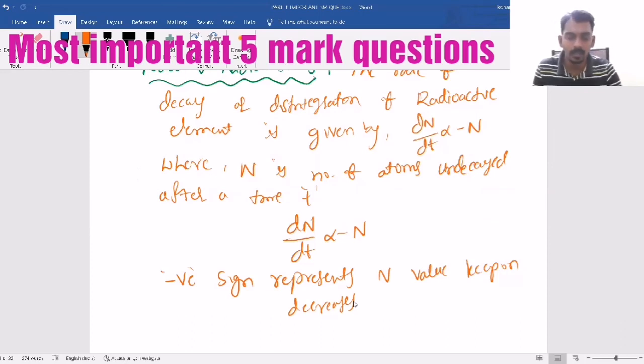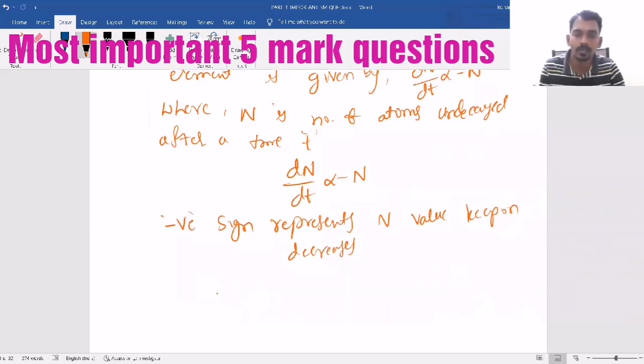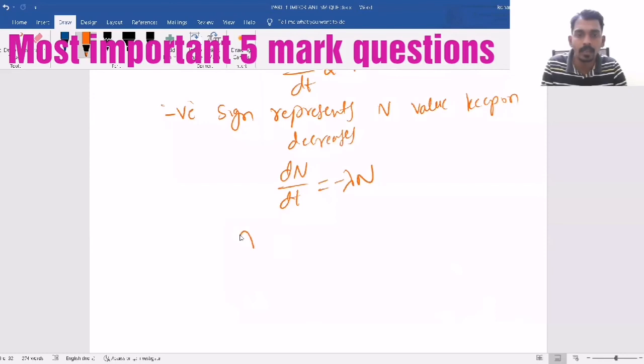One by one, atoms undergo the decay process, so the number of undecayed particles keeps on decreasing. That is why we are representing one negative sign. And here dN by dt equal to minus lambda N, where lambda is called the disintegration constant.